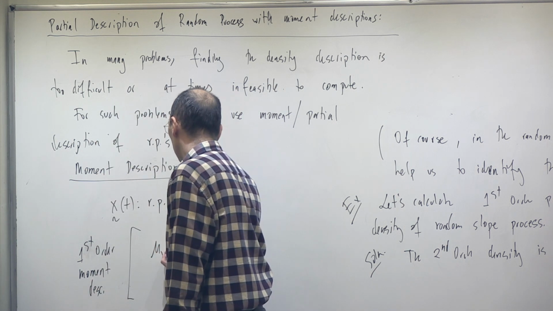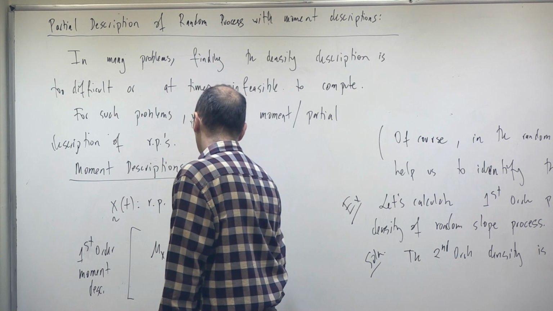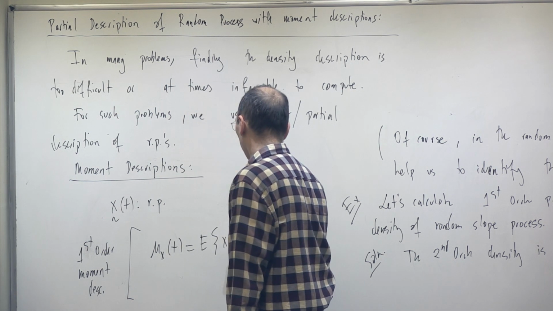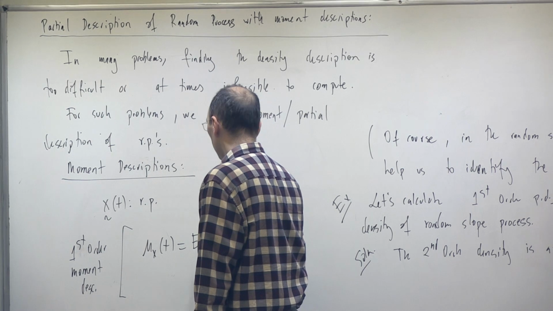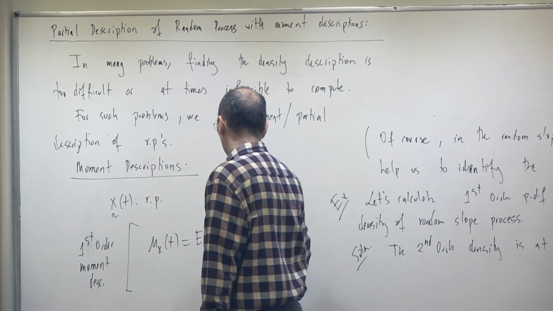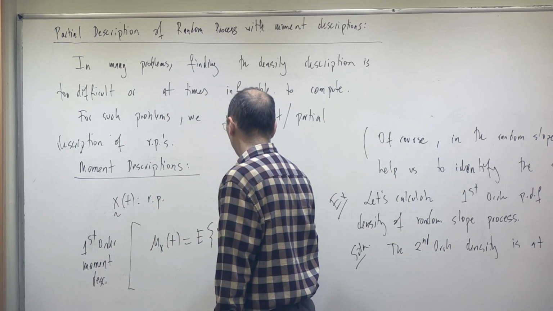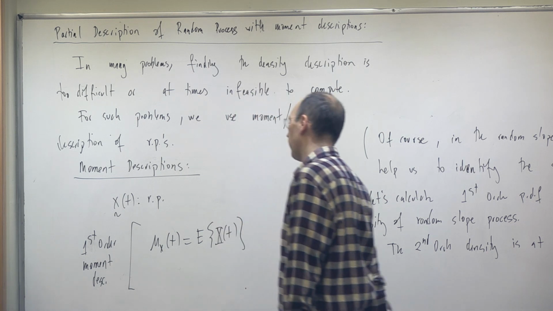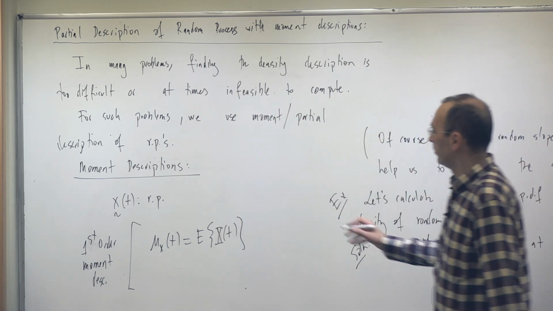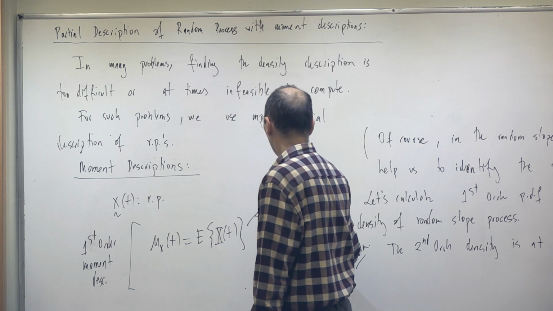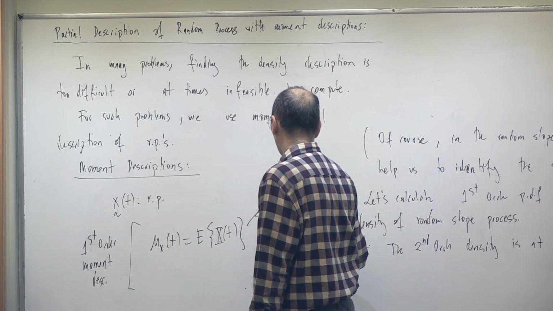So this is simply the expected value of, I can use both notations, capital X of t. This is called the mean function.